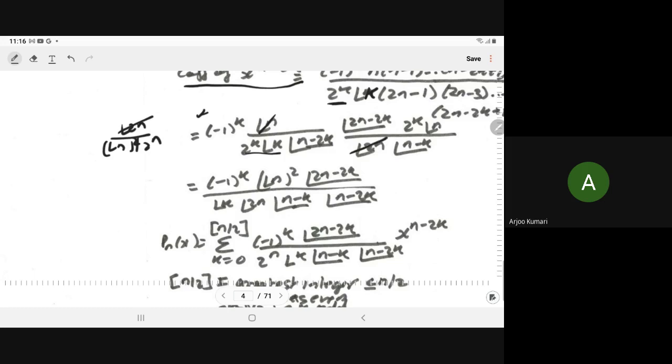So here we have the minus 1 to power k, and one more thing we have.